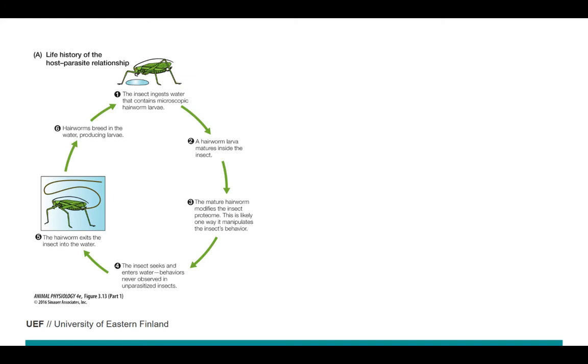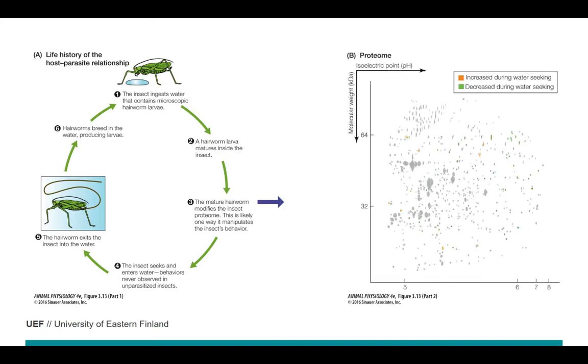And this can be compared quite easily based on the time when these animals are trying to find the water. So compare all the proteins of the insects that are looking for the water with all the proteins from those animals that are not looking for the water.